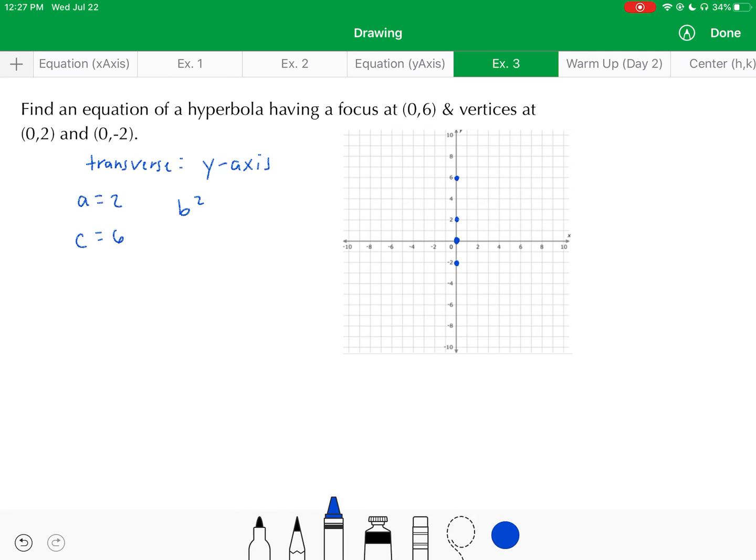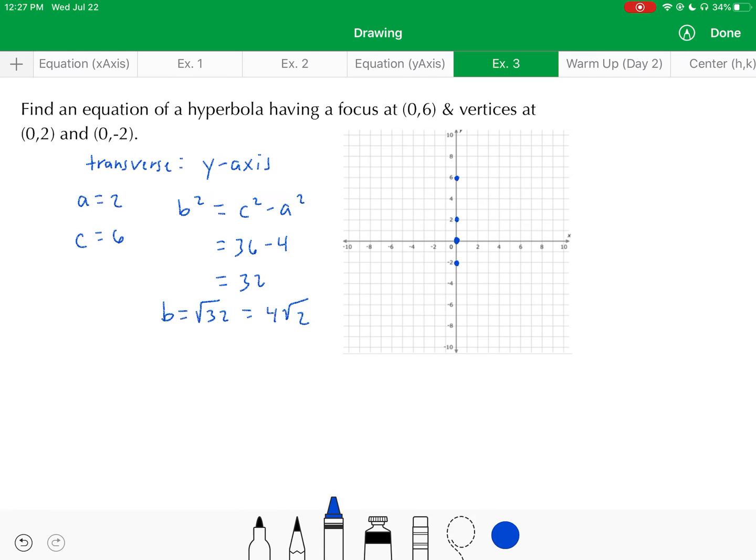Okay, so b squared is equal to c squared minus a squared. So that's 36 minus 4, or 32. So b is going to equal the square root of 32, which simplifies to 4 radical 2. All right.